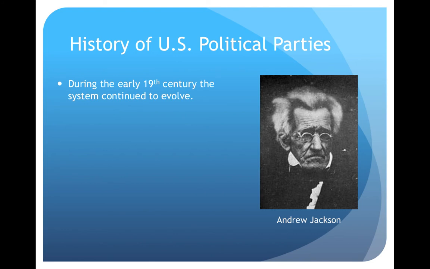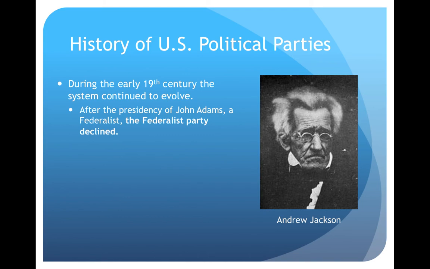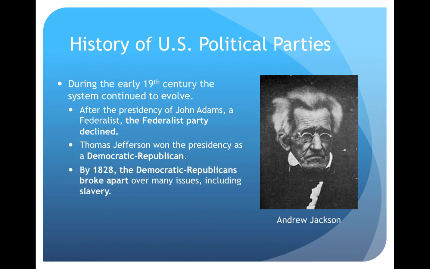During the early 19th century, the system continued to evolve. After the presidency of John Adams, a Federalist, the Federalist Party declined. Thomas Jefferson won the presidency as a Democratic Republican. By 1828, the Democratic Republicans broke apart over many issues, including slavery.